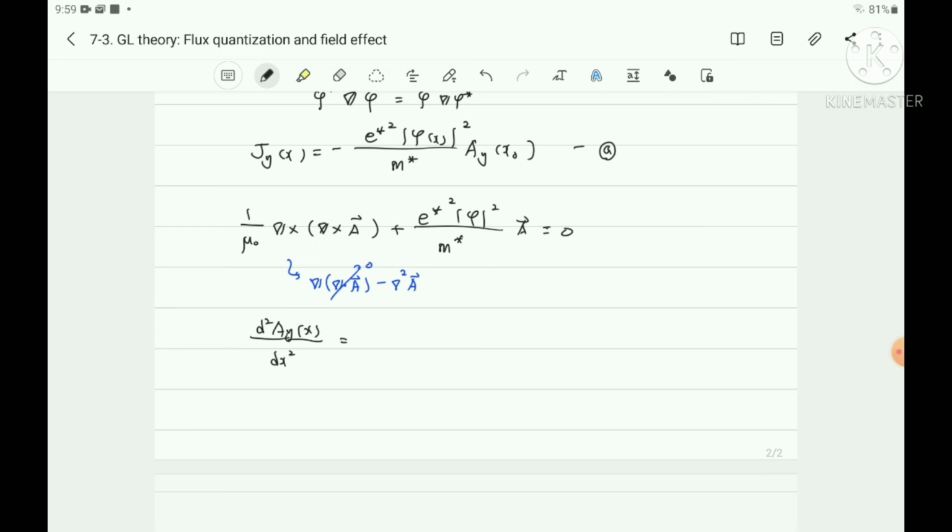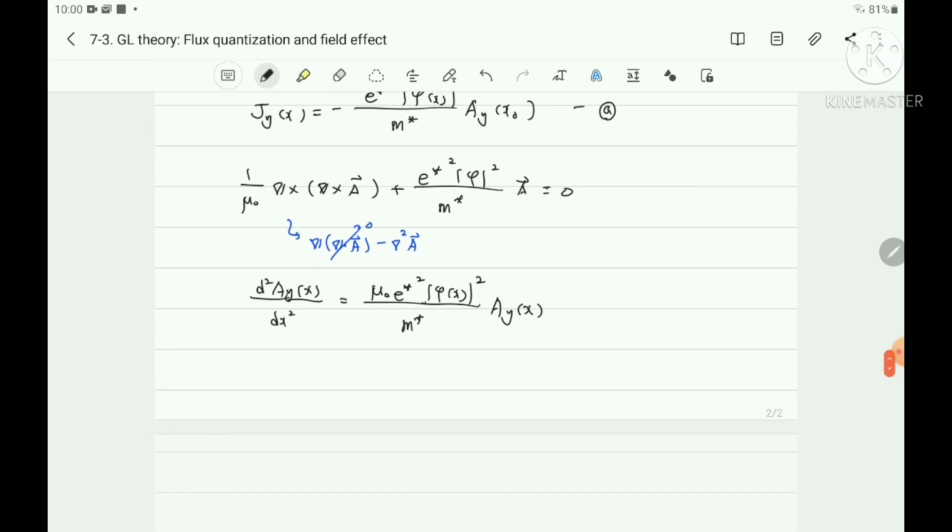minus mu 0 e star square phi x absolute value square over m star a y x. Here we can define the penetration depth, 1 over the penetration depth squared, and it is lambda L square.